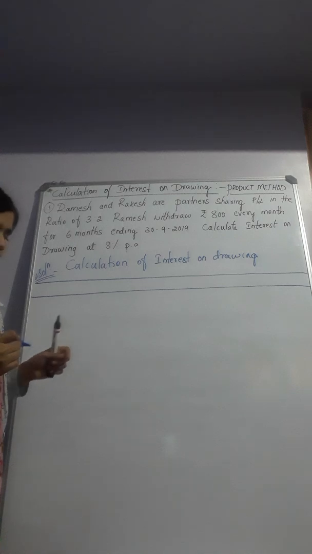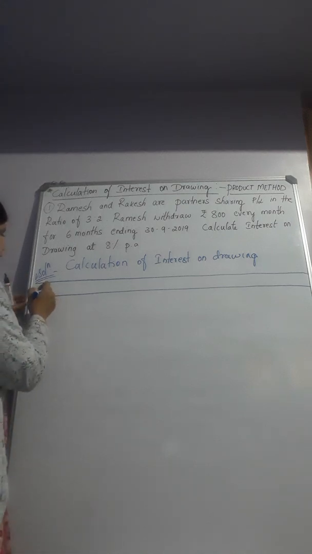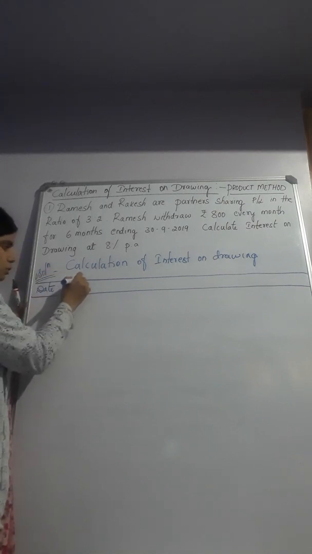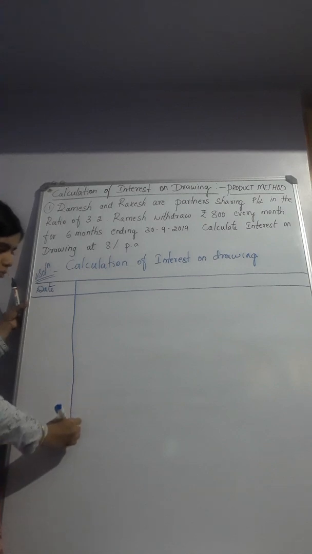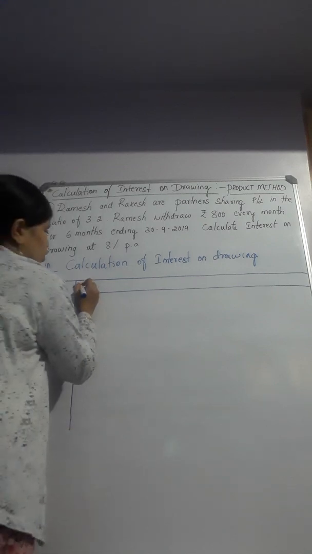How many columns? 4 columns. First is the date column: on what date is he drawing the amount? The next one is the amount of drawing.